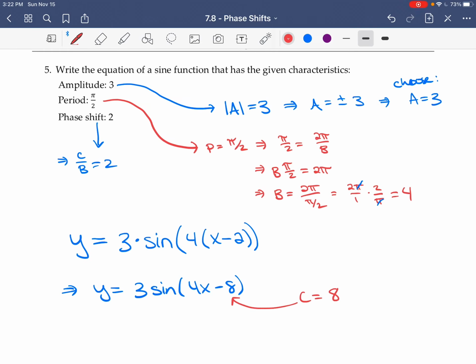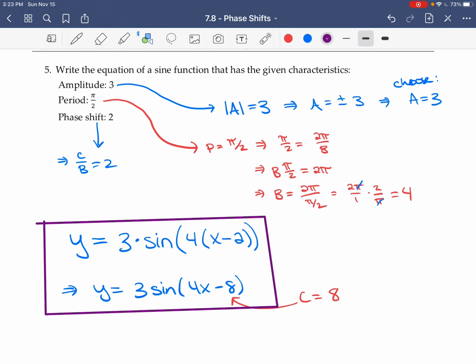But you could have also done that from here as well. If you plug in b equals 4, then you get c equals 8 right away. So either of these would be a transformation that has all those properties. It's an equation that has these characteristics, and there's more than one answer.